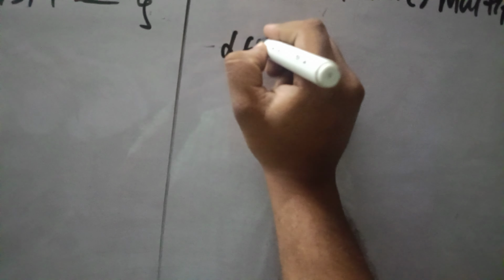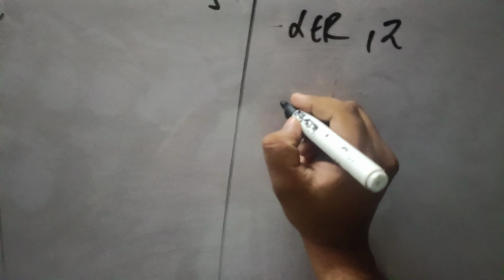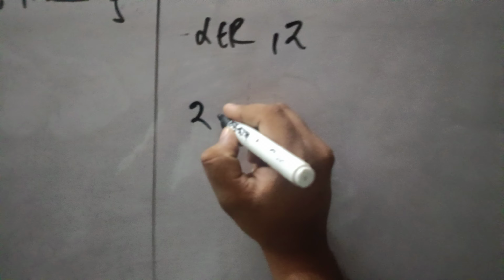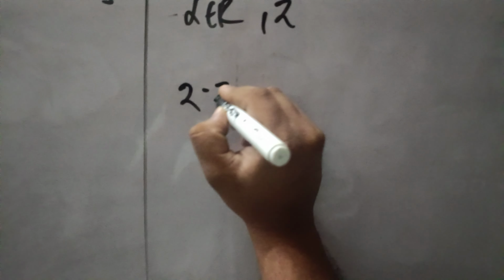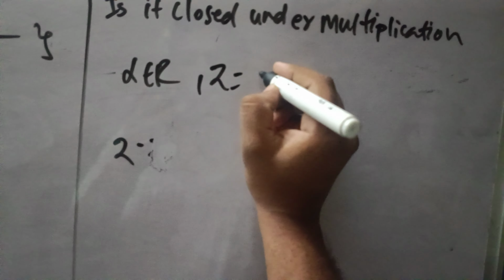But what about, is it closed under multiplication? Let's find out. Let us take alpha, which belongs to a real number, and let us take an integer z. Let us take alpha as 2 and z as 2.